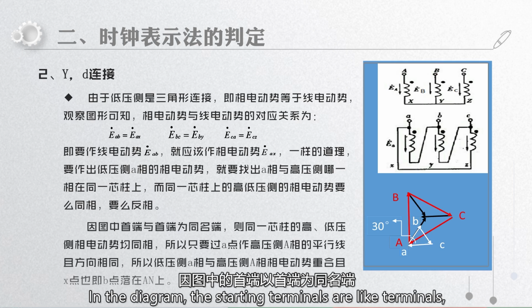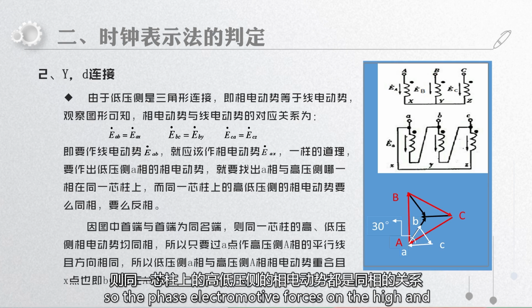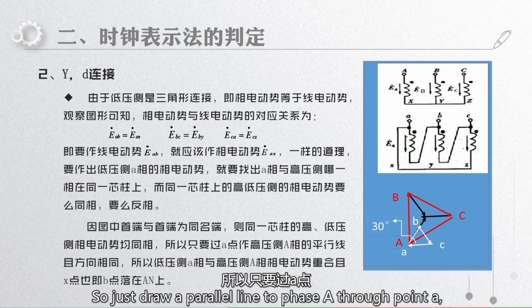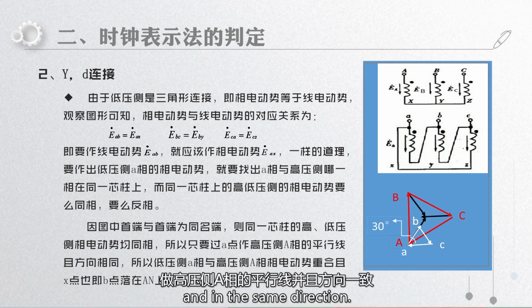In the diagram, the starting terminals are like terminals, so the phase electromotive forces on the high and low voltage sides on the same core column are in phase. So, just draw a parallel line to phase A through point A and in the same direction.